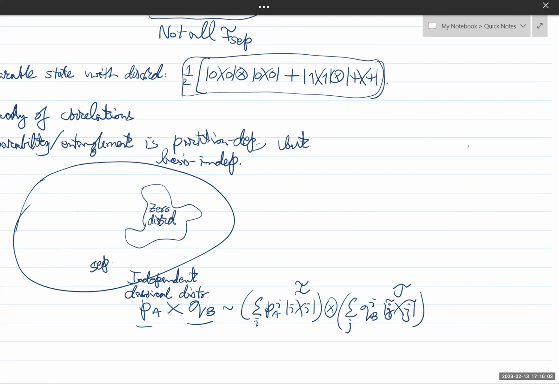And again, the set of zero discord states is not convex exactly because of this basis dependence thing, right? That you mentioned, that this zero discord set consists of the union of all possible convex combinations within specified bases.